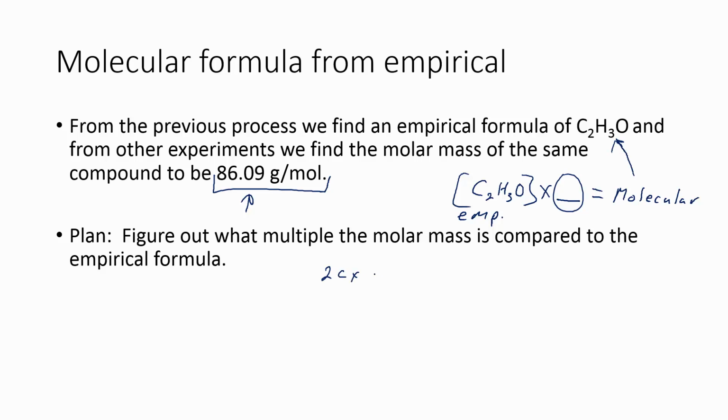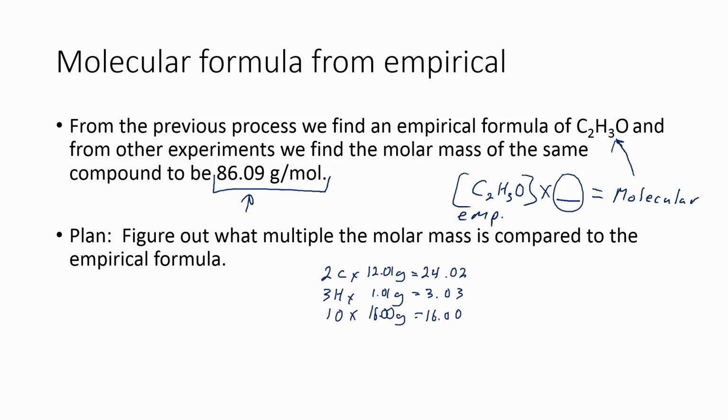Okay, so 2 carbons times 12.01 grams per mole each, 3 hydrogens times 1.01 grams per mole each, and 1 oxygen times 16.00 grams per mole each. So we have 24.02, 3.03, and 16.00.